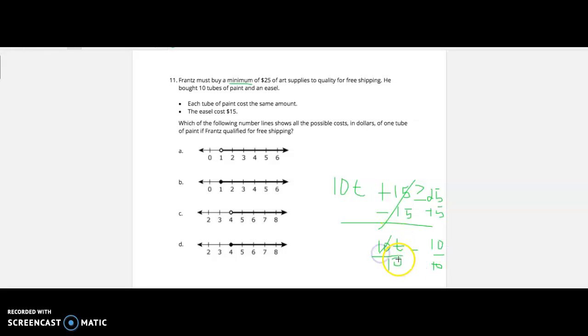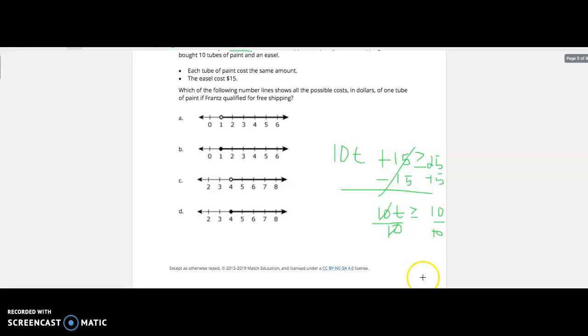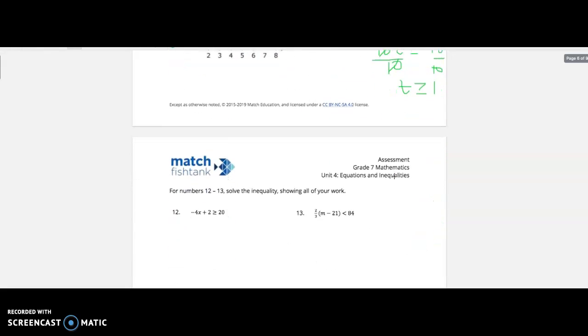So t is going to be greater than or equal to 1. So that means the line underneath has got to be filled in, greater than, going to the right. So there's our answer.